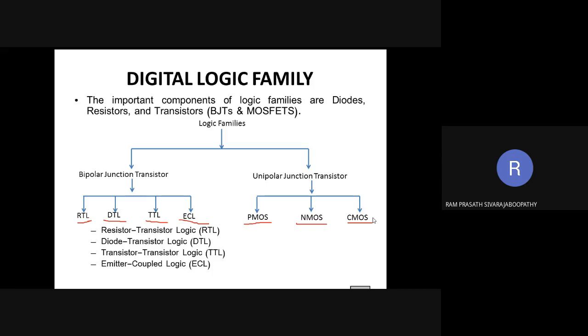For PMOS, NMOS and CMOS we have already explained the abbreviations. What do we call all of them combined? Those ICs which use CMOS circuits to build logic gates or any digital circuit, we call the CMOS family. This one is the TTL family.